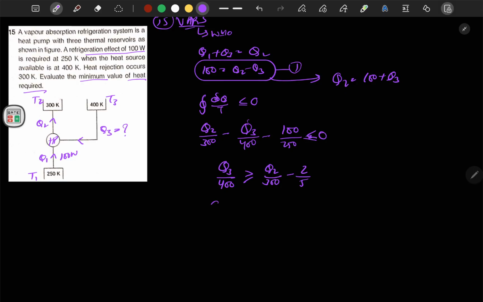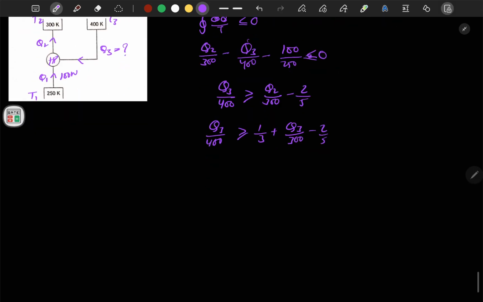So Q3 by 400 is greater than or equal to (100 plus Q3) by 300 minus 2 by 5. From here we can write Q3 into (1 by 400 minus 1 by 300) is greater than or equal to 1 by 3 minus 2 by 5.